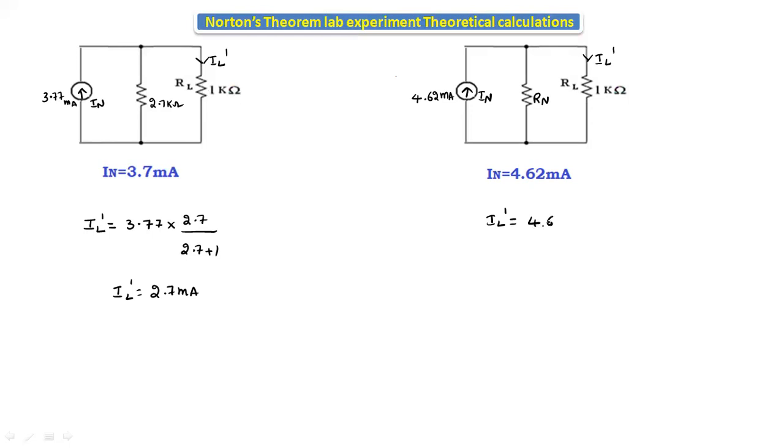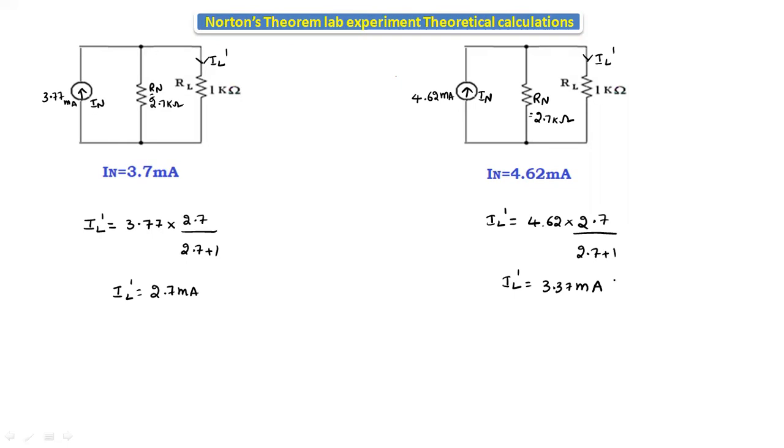Total current is 4.62 into the opposite resistance, 2.7 divided by 2.7 plus 1. If we calculate the IL dash value for the given IN, we will get 3.37 milliamps.